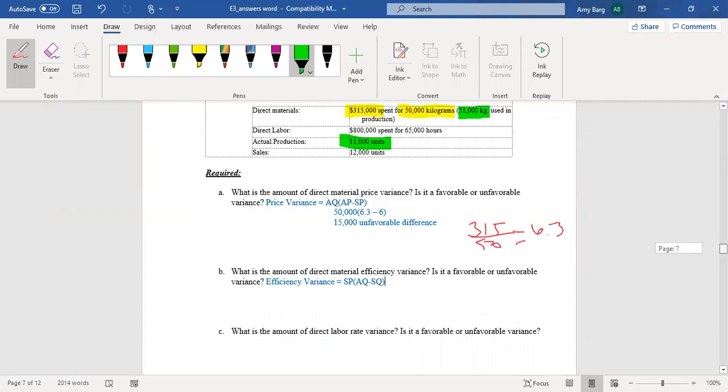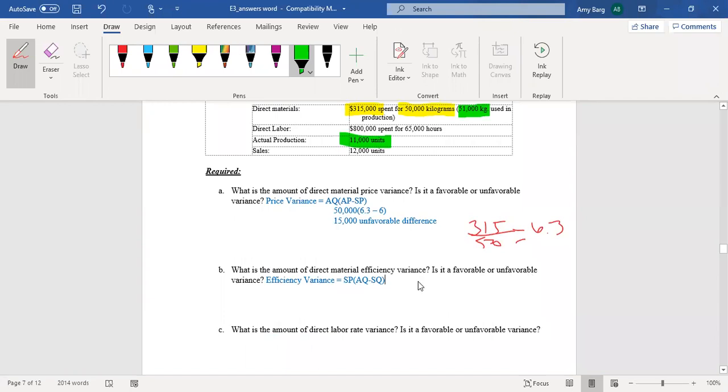That's just distractor information. The 5 and the 51,000 are numbers that we can't really compare very well. So if we multiply the 11,000 units that we made times the 5 that it should be, we get that the standard quantity here is 55,000.